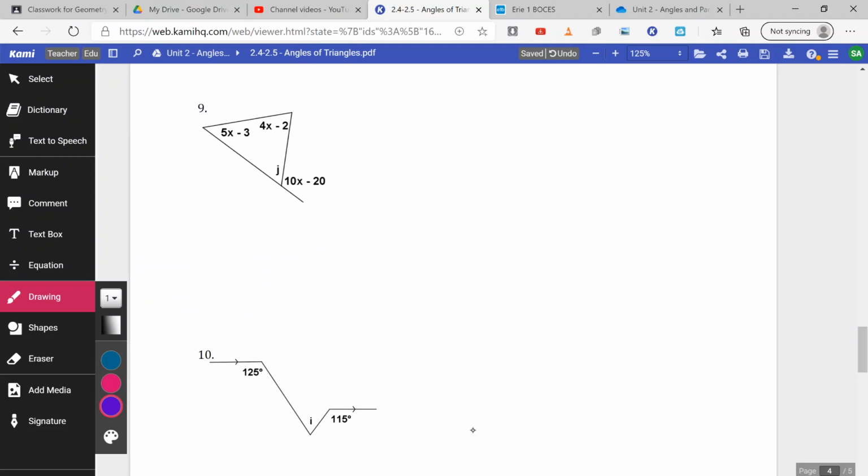Here we have angle measurements of 5x minus 3, 4x minus 2, j, and 10x minus 20. In this case, we're going to use the exterior angle theorem, where the outside is equal to the two remote inside. So 5x minus 3 plus 4x minus 2 is equal to 10x minus 20. I'll combine my like terms over here.